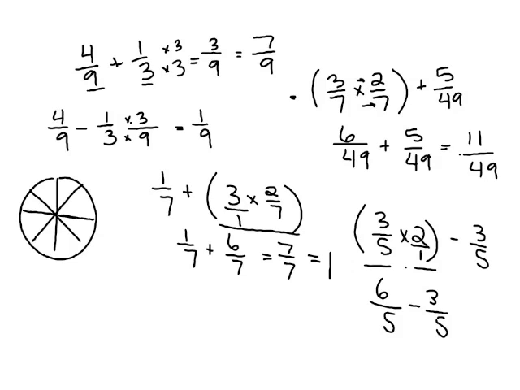Should you turn the improper into improper? No, because I want to be able to subtract straight across there. So 6 minus 3, 3/5. I don't subtract anything on the bottom. I'm working with fifths. So I have 6 pieces of 5 and I have 3 pieces of 5. So I still have pieces of 5 left, so I just have less. Any questions so far?